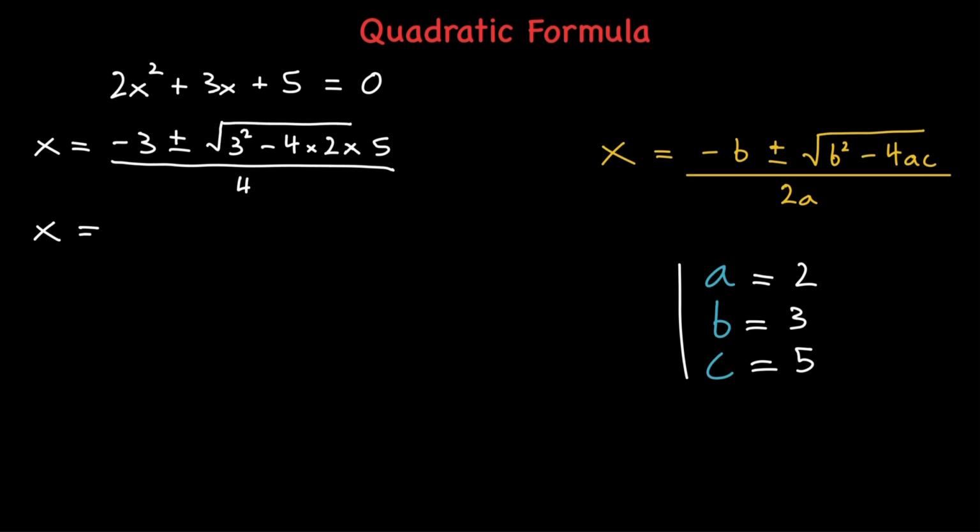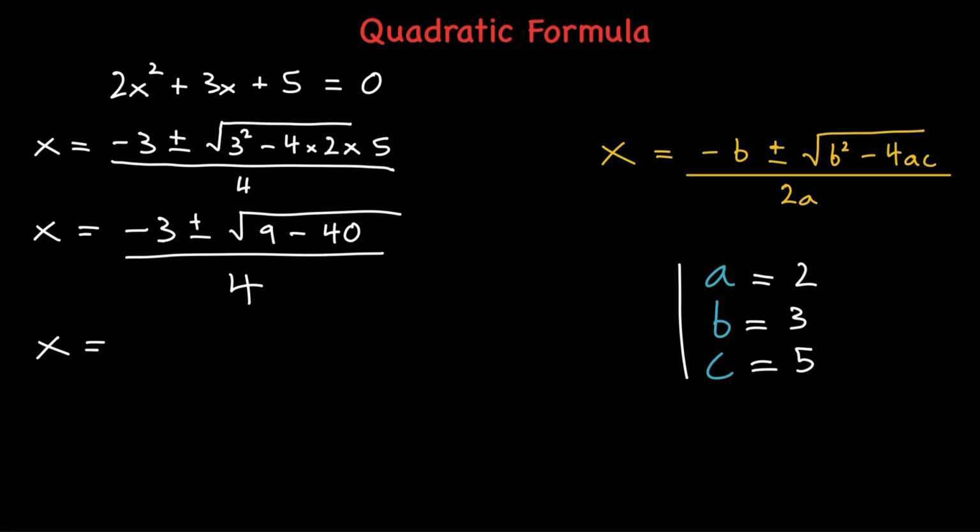And so then the next line is minus 3 plus or minus square root. 3 squared is 9, minus 4 times 2 is 8, and then 8 times 5 is 40, all divided by 4.